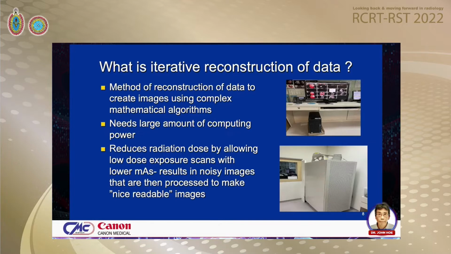How does it reduce dose? It reduces radiation dose by allowing low dose exposure scans with lower MAS, and this results in noisier images, which are then processed to make nice readable images.